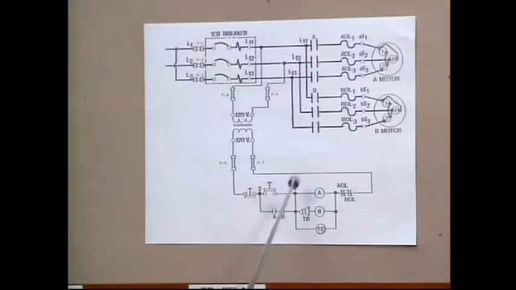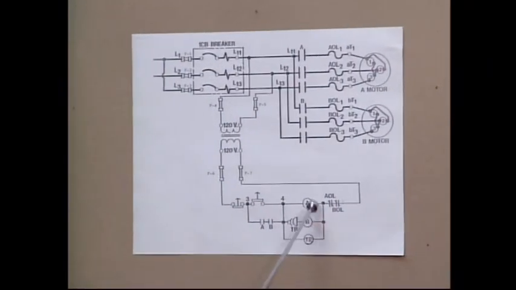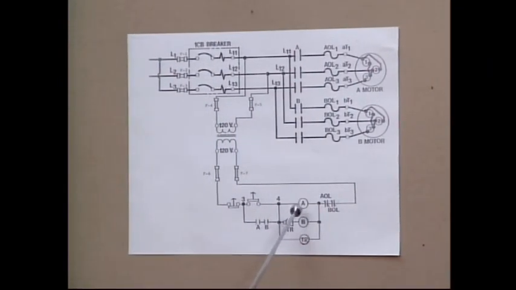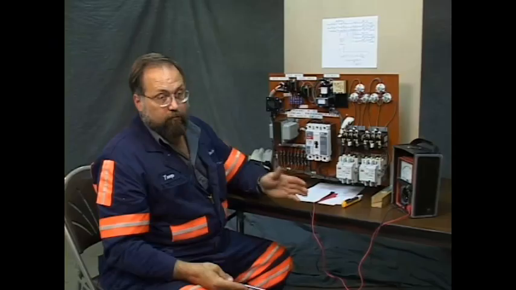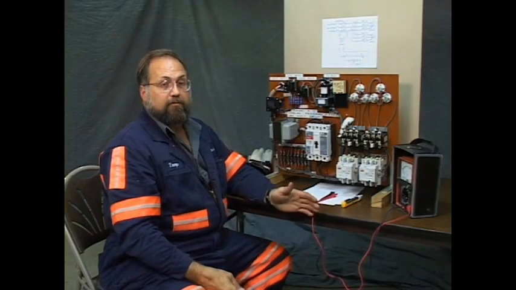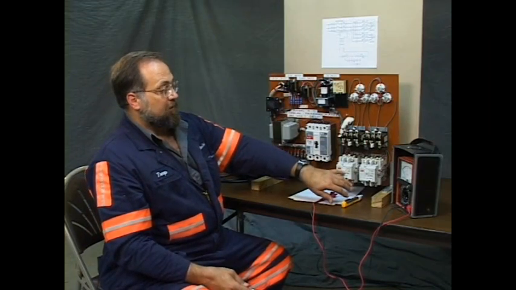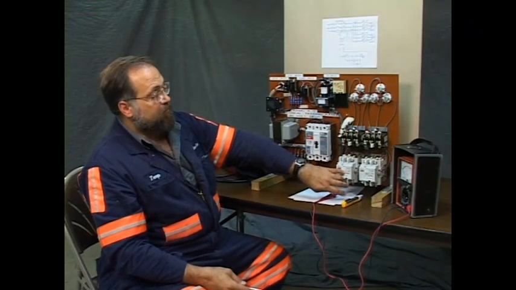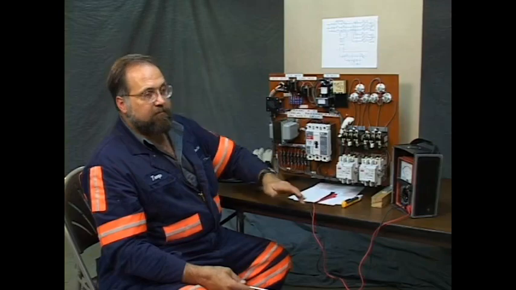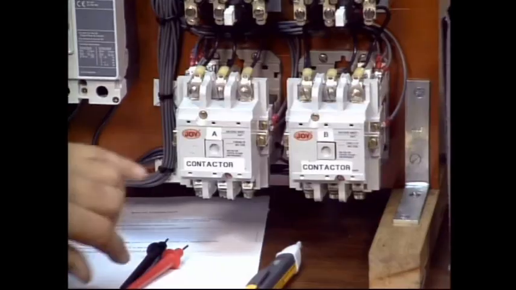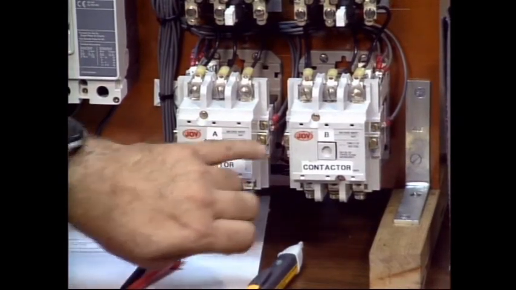This is the return side of the circuit. After the work is performed, in this case the work is we're going to convert electricity into magnetism. Use that magnetism, it will be further converted to mechanical energy and pull a contact in. Okay? That's the work. We're going to close contactors.